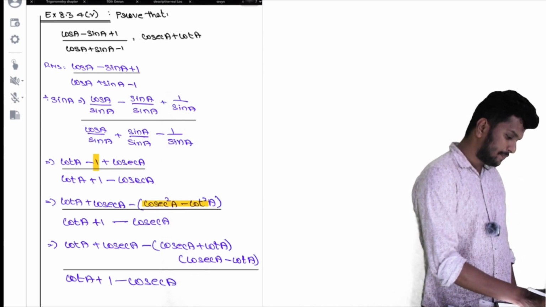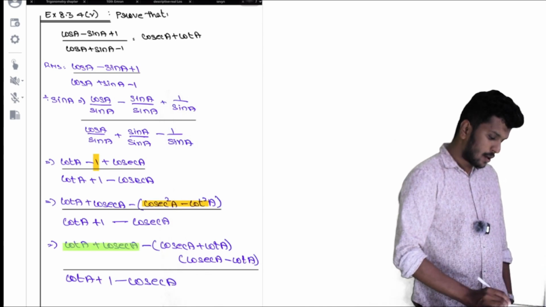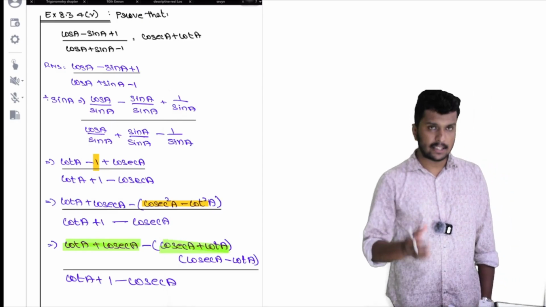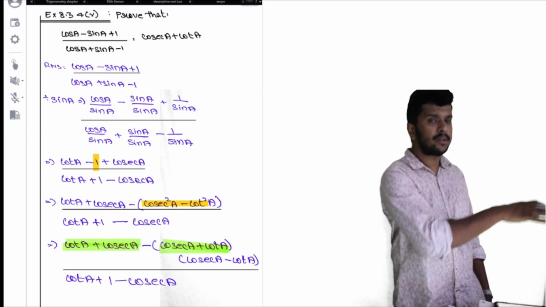Now if you look over here, cot A plus cosec A and cot A plus cosec A is common throughout. So cot A plus cosec A, I'm taking outside.